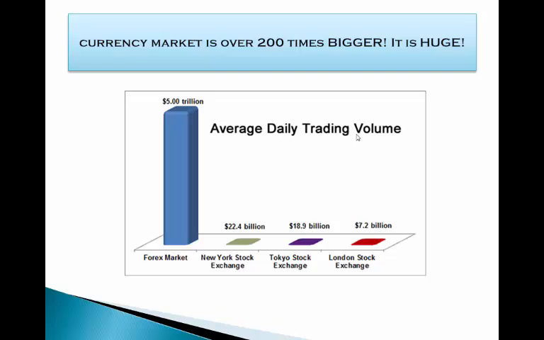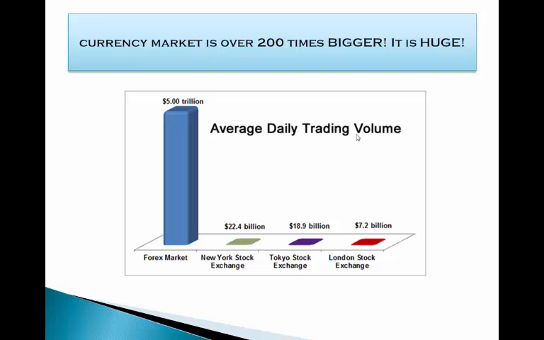Now you can see that this is a chart. On the left, the tall blue bar is the 5 trillion. Next comes the 22.4 billion, which is represented by the New York Stock Exchange. Tokyo Stock Exchange stands at around 18.9 billion a day. Then followed by the London Stock Exchange, 7.2.